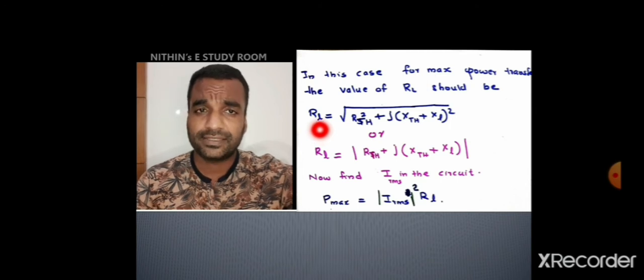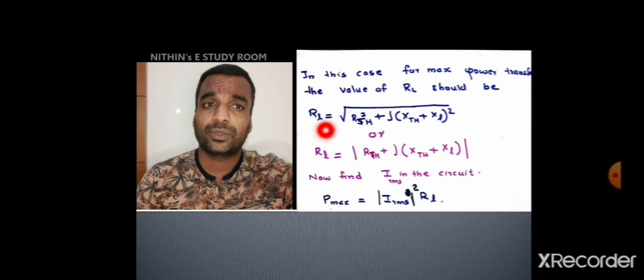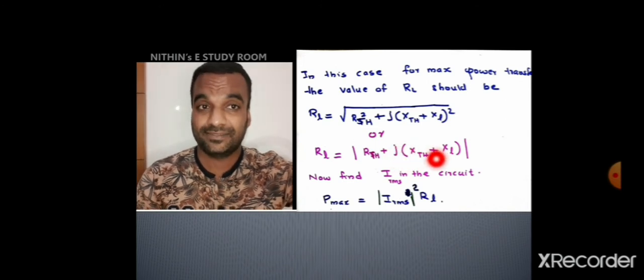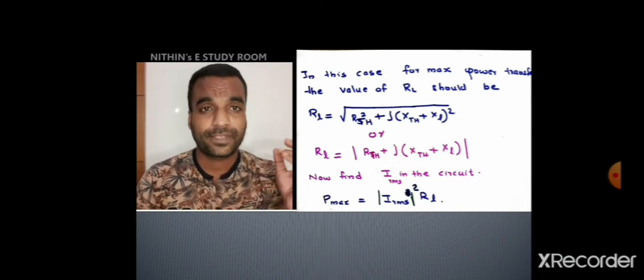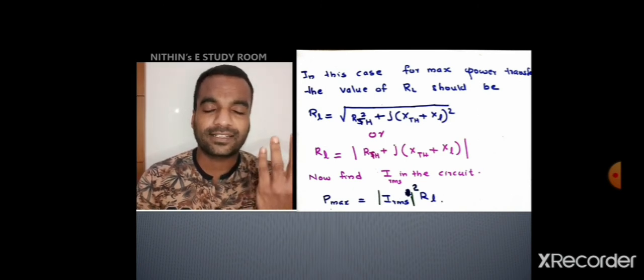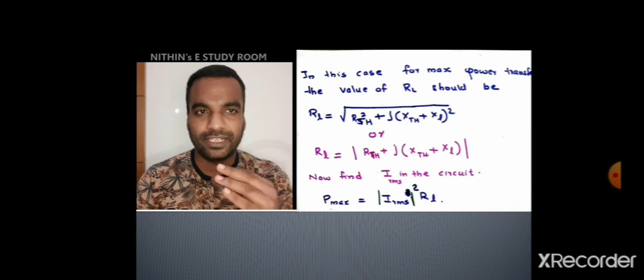After calculating the Thevenin equivalent circuit, that is Z Thevenin, you have to calculate RL. RL is nothing but the magnitude of the vector R Thevenin plus J X Thevenin plus XL. Normally, in case 1, Z load is replaced by Z Thevenin.